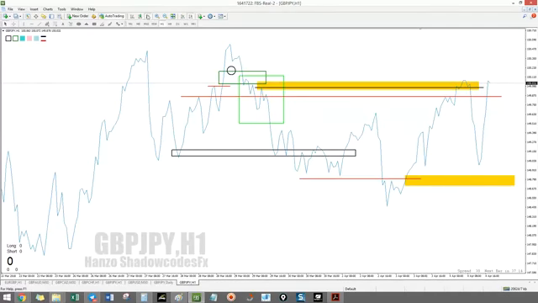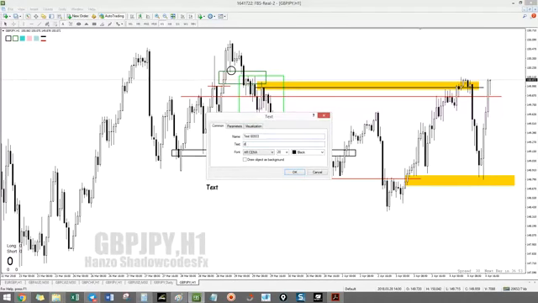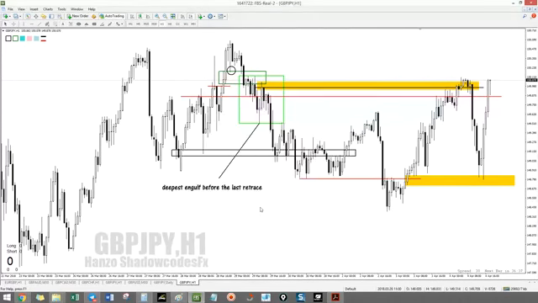So briefly, on a bigger scale, I need this whole thing, the deepest retrace before. How to explain this? Let me draw something. I need to draw the deepest retrace, the deepest engulf before the last retrace.